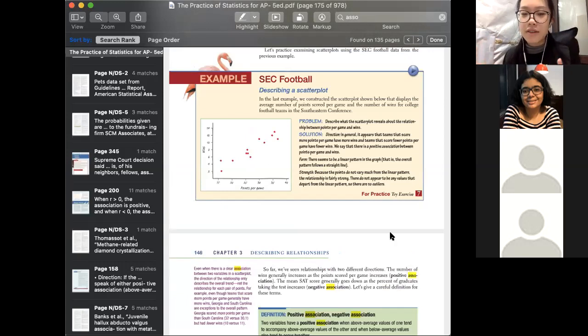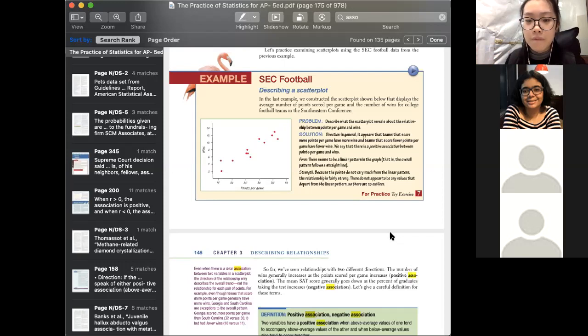Basically, if it's from 0 to 0.3 or 0 to -0.3, then we say it has a weak association. If it's between 0.7 and 1, we say it has a strong association. And if it's 0.9 to 1, we say it has extremely strong association.